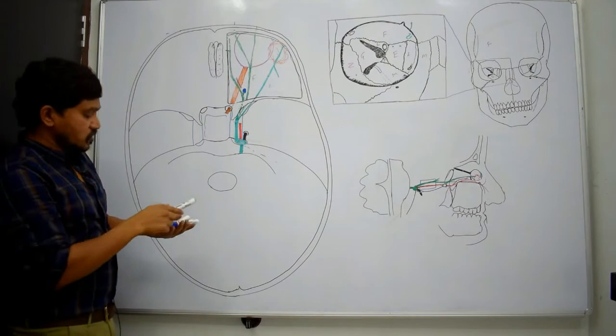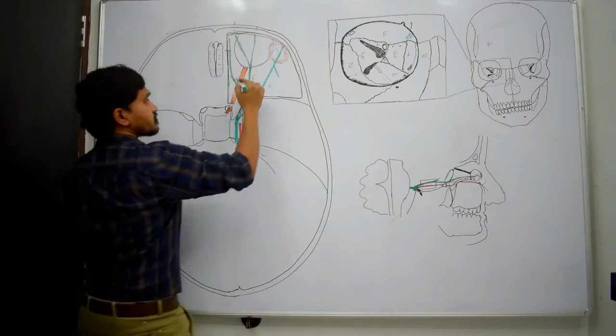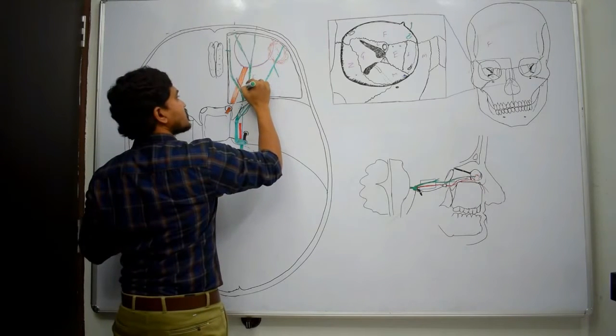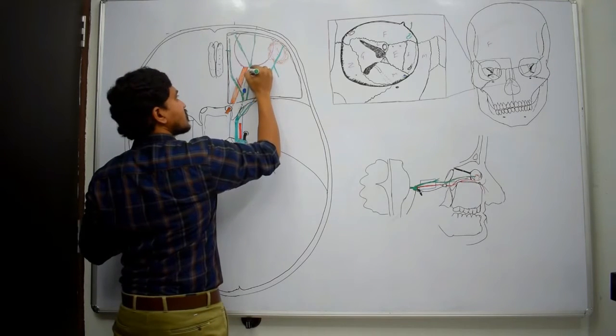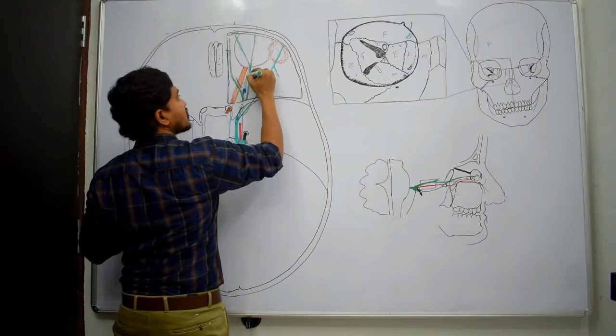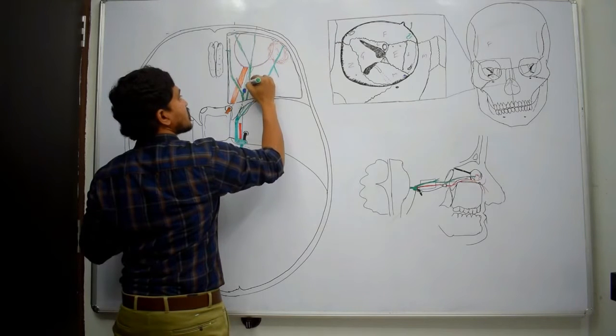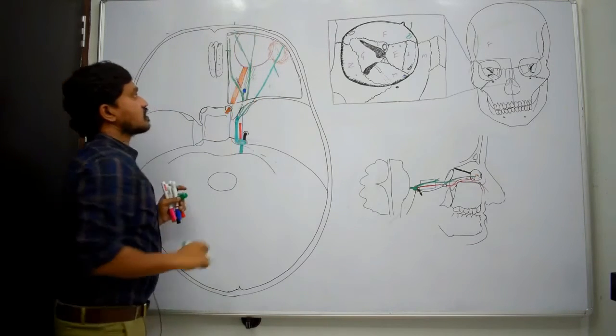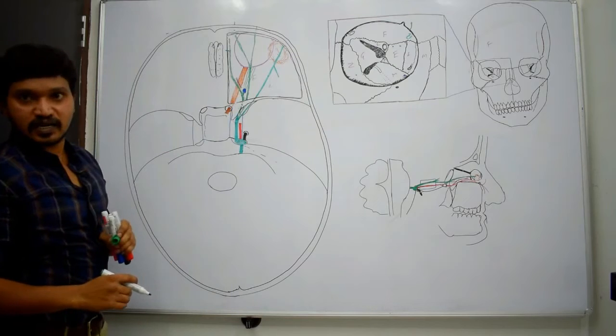Of course, we know from the ciliary ganglion, short ciliary nerves are arising. Those short ciliary nerves pierce the sclera, that we have discussed already in the last session. So these are short ciliary nerves, right, from the ciliary ganglion.